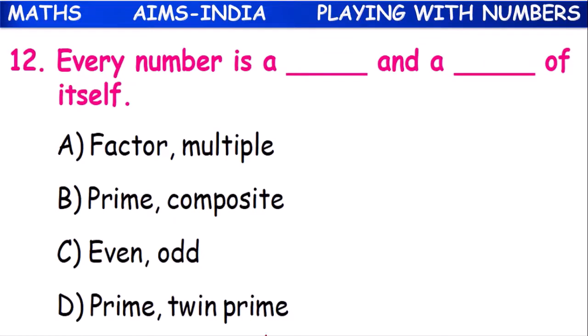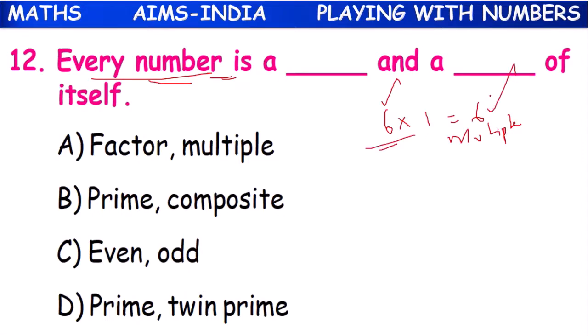Next. So every number is a dash and dash of itself. Because if you take 6, 1 times 6 is 6. So the first multiple of 6 is 6, and 6 is also divided by 6.